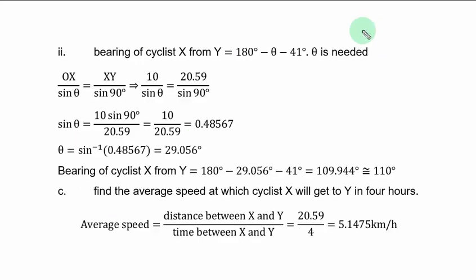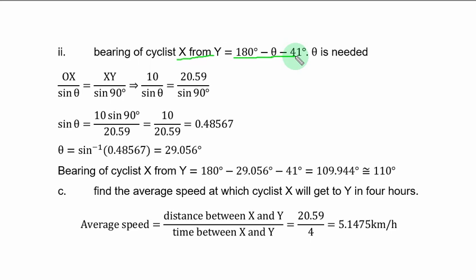Roman figure 2 of part B: find the bearing of cyclist S from Y. That bearing is 180 degrees minus theta minus 41 degrees. Theta is needed.